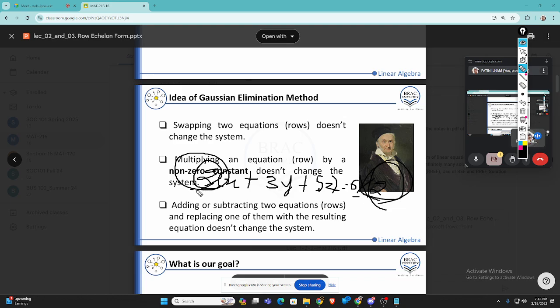It's like an equilibrium. I am putting the same weights on both sides, so the equilibrium stays equal. Forgive me, my English is not that good, but I'm trying.